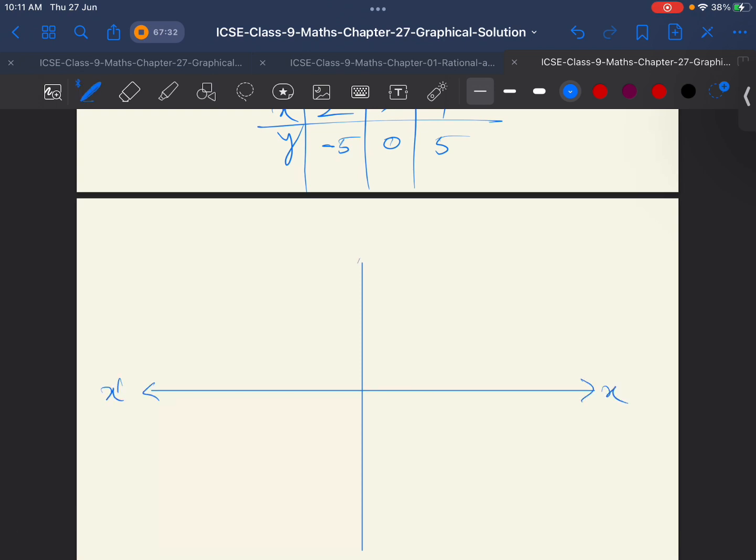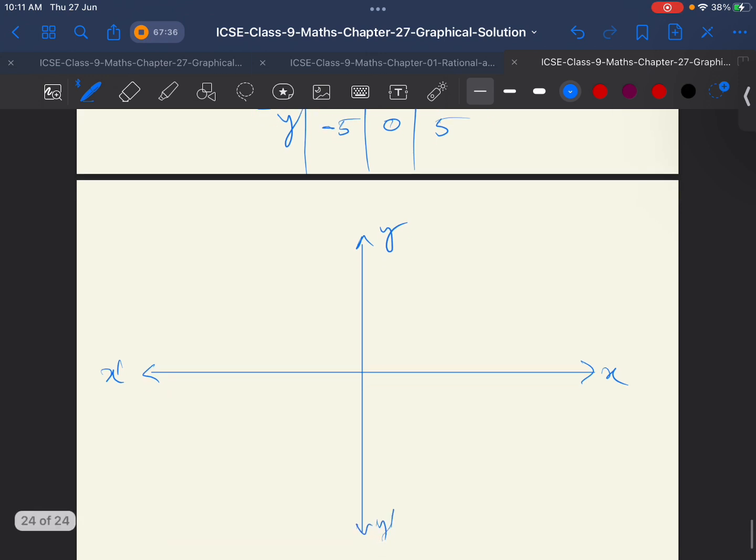So this is x and x dashed, this is y and y dashed. Okay, 2 4 6 8 10, 2 4 6 8 10, 2 4 6 8.